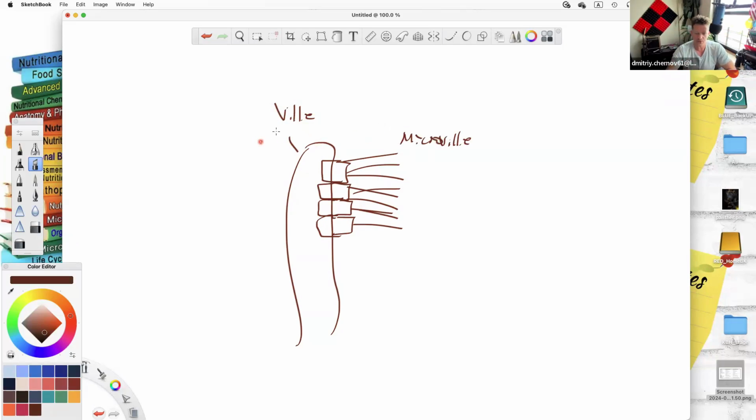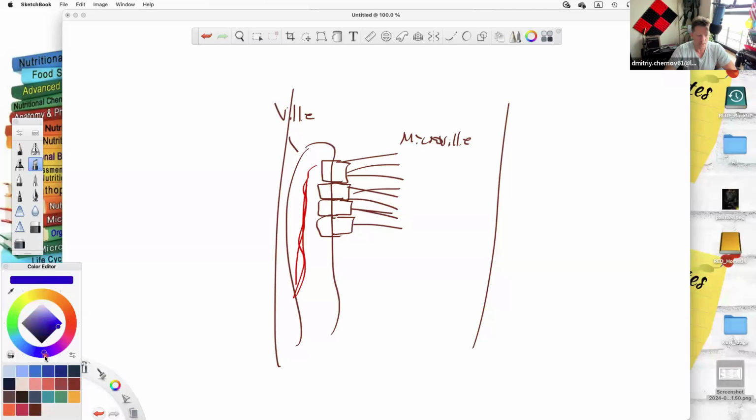So if it's all digestive tract, right? And here are the blood vessels inside, right there. So this is a GI tract, right? Small intestine.